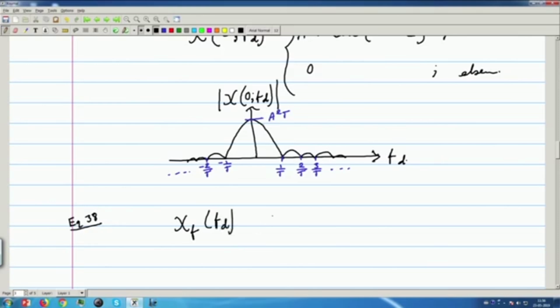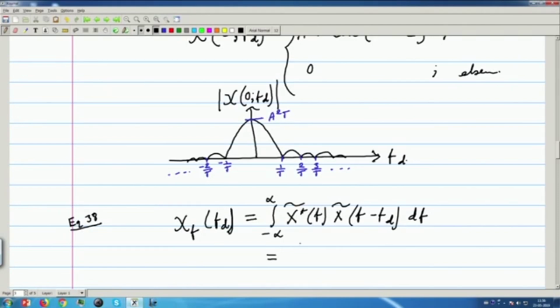In equation 38, its expression is the integral from minus infinity to infinity of X star f, X f minus f d, d f.